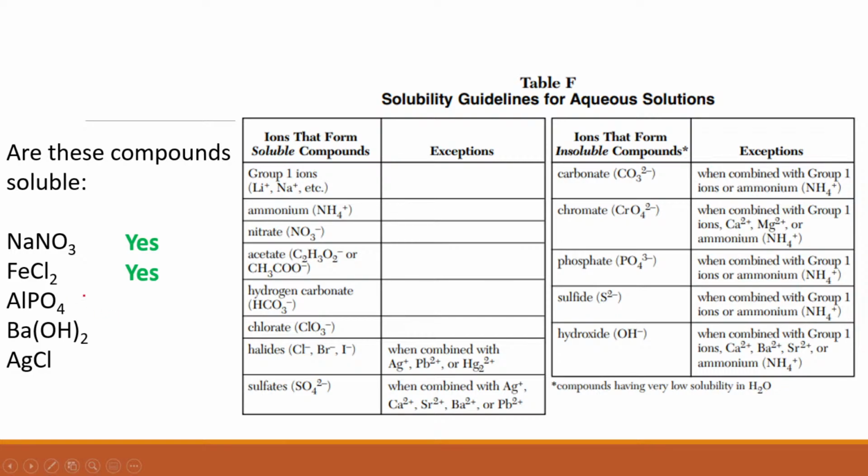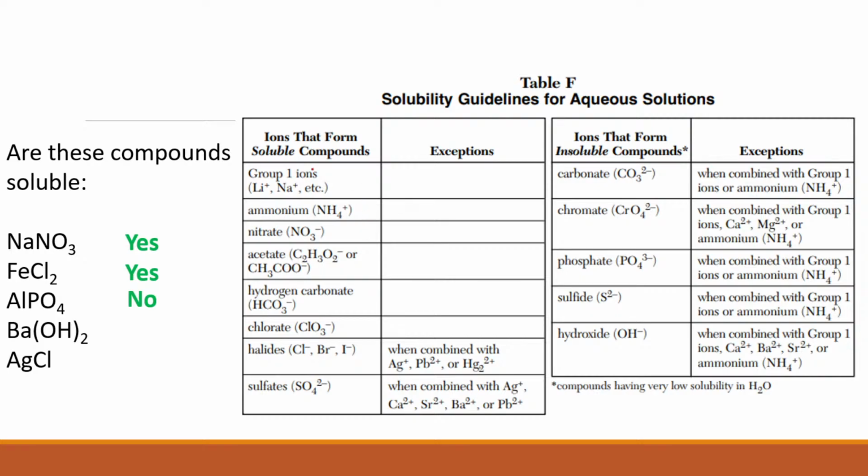Aluminum phosphate. Aluminum phosphate is insoluble.